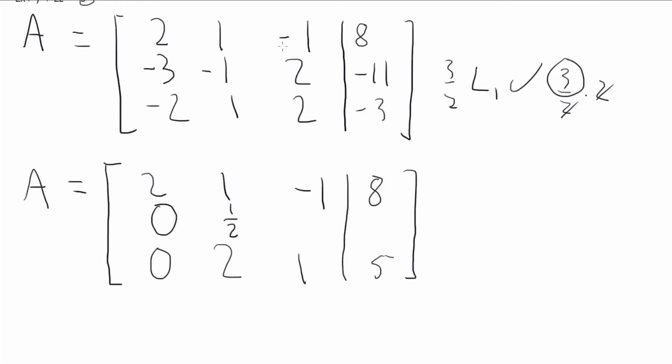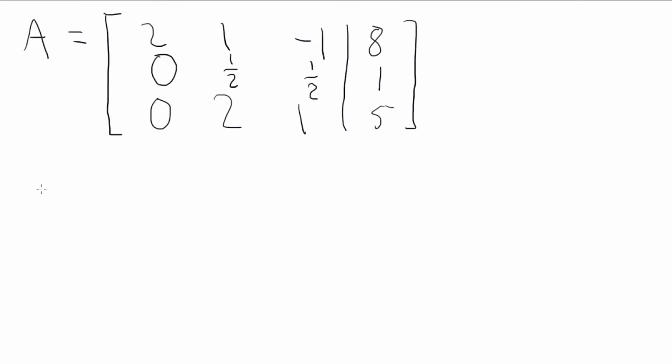Negative 3 over 2 plus 2 is the same as negative 3 over 2 plus 4 over 2, which is also 1/2. Then we have 8 times 3 over 2. Well, that is just 4 times 3, which is 12. 12 plus negative 11 is 1. So this is the first step in solving a system of equations.